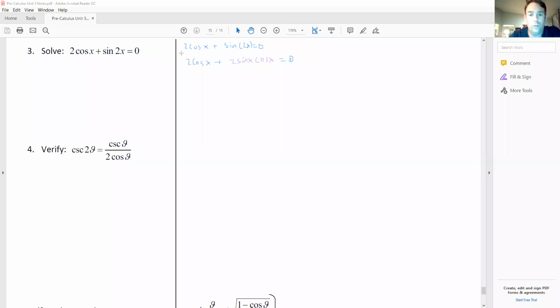Now we're going to do a little bit of algebra. So we're going to factor it out. And when I factor it out here, friends, I notice the common factor is going to be 2 cosine x, and I'd be left with 1 plus sine x on the inside.